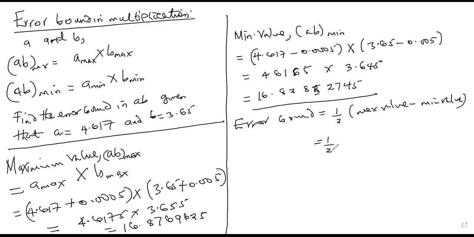We shall have a half of 16.876965 minus 16.82852745, and on operation this will give you an error bound of 0.024217525.